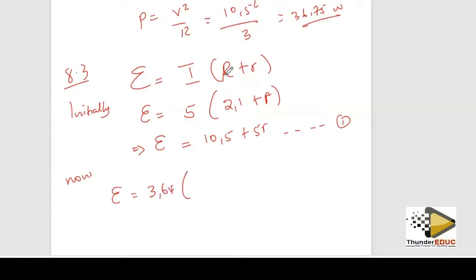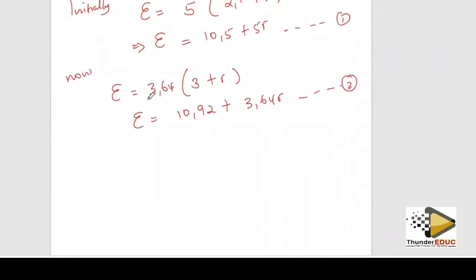The total resistance, so the resistance external is going to be just 3 ohms plus r. Open this up. I'm going to have 3.64 times 3, having 10.92 plus 3.64r. I can call this my equation number 2.